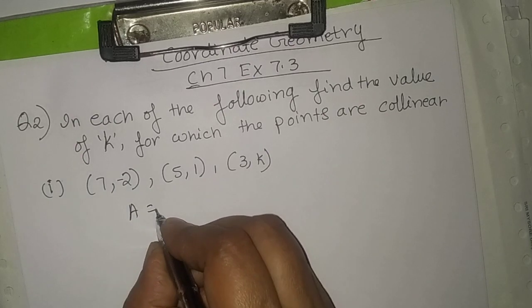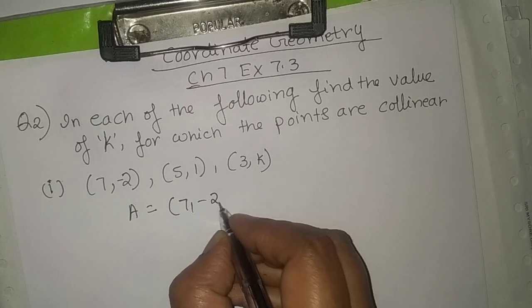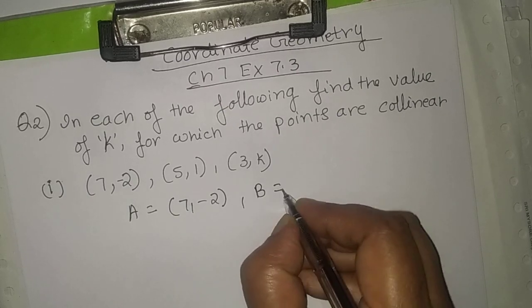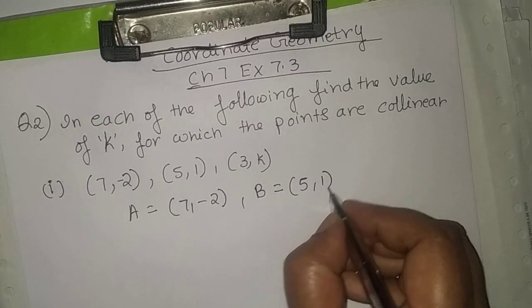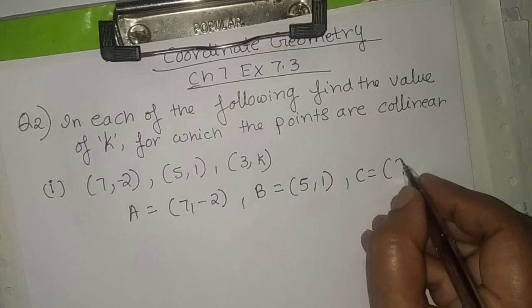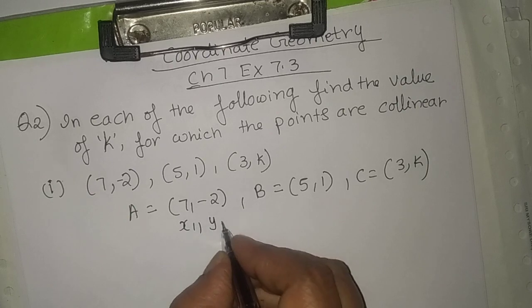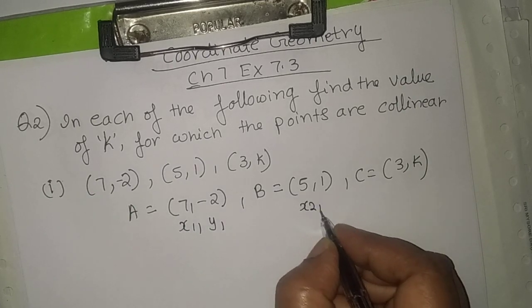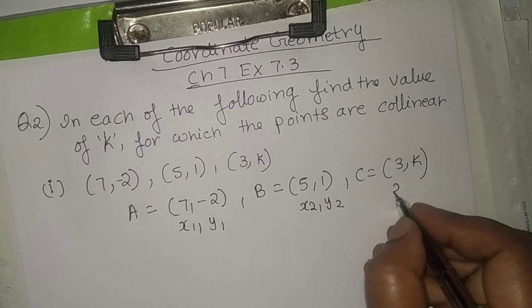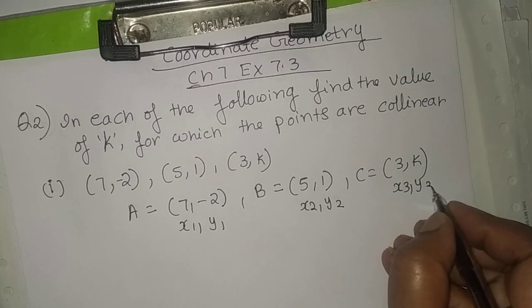A is equal to (7, -2), B is equal to (5, 1) and C is equal to (3, k). The coordinates are x1, y1, x2, y2, x3, y3.